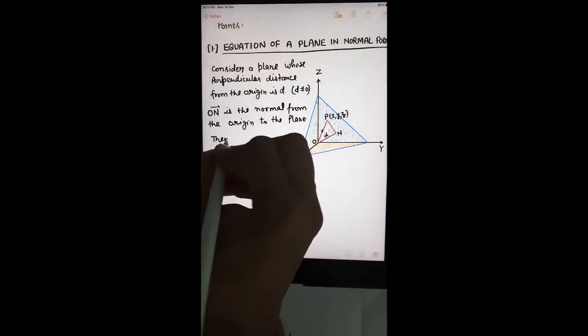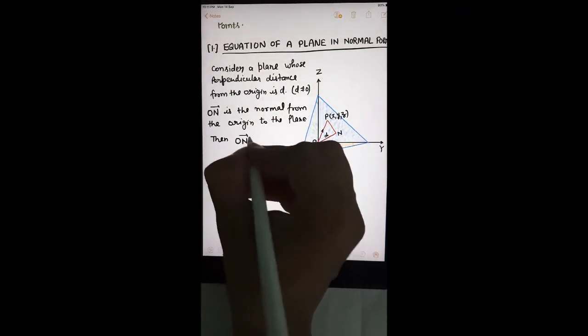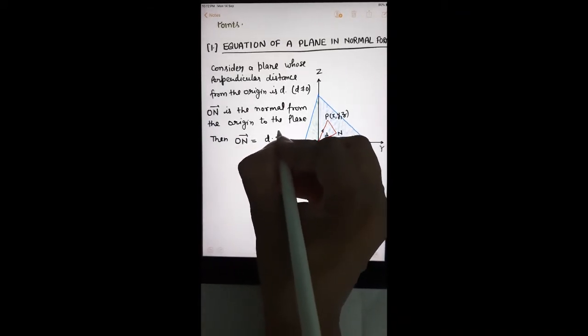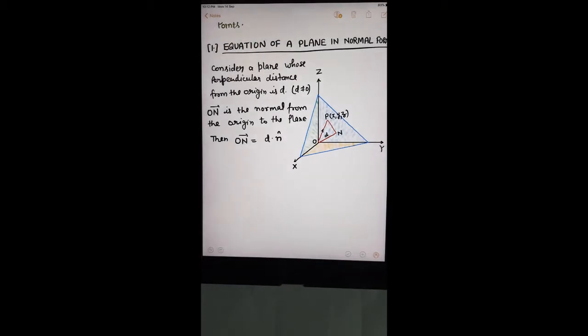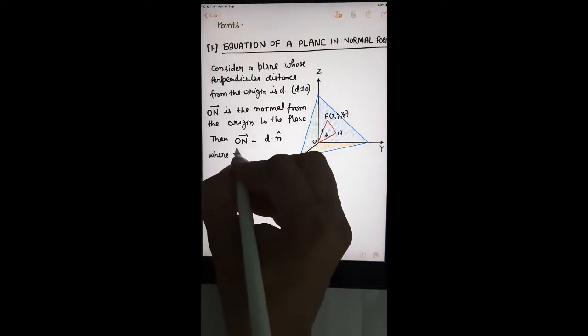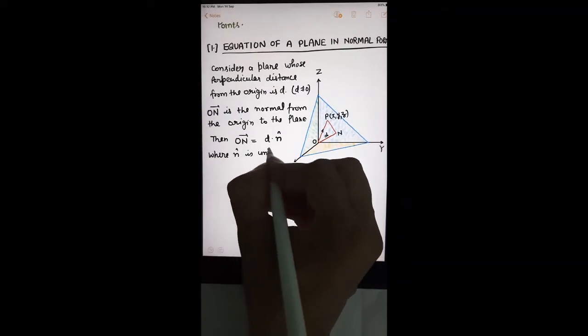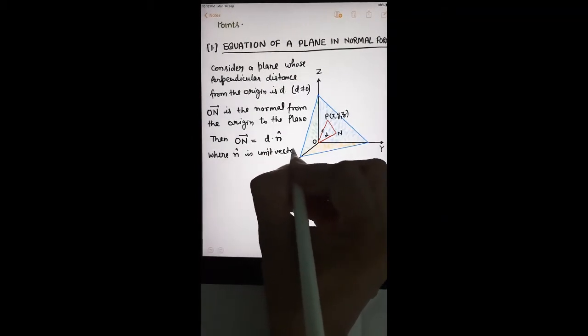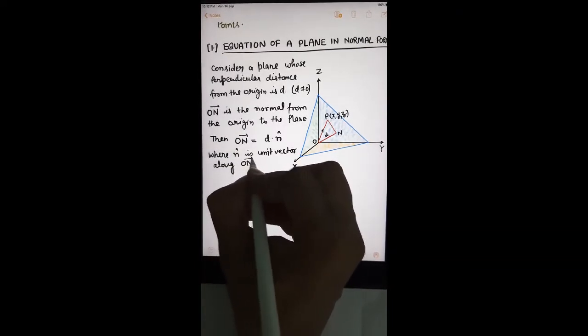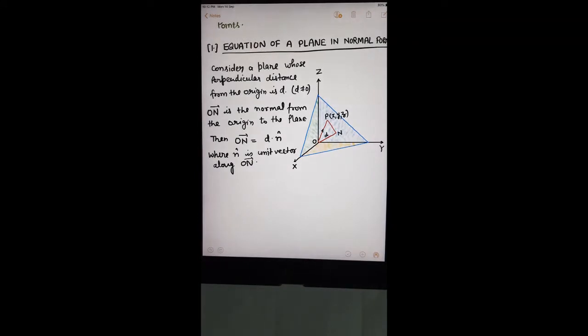Then we can say ON is equal to D dot unit vector n, where unit vector n is along the ON. That's why ON is equal to D dot unit vector n.